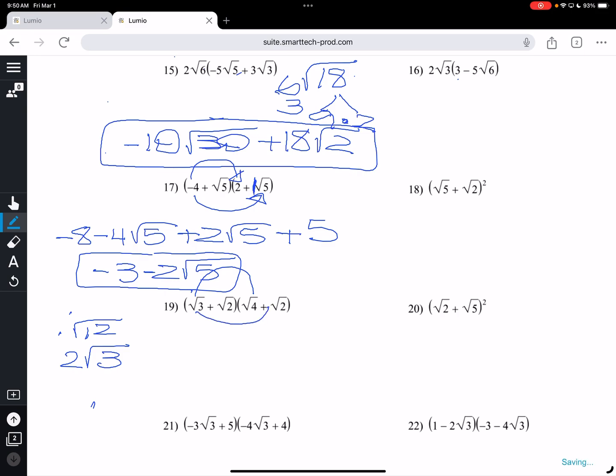Then your outer is just plus 1 radical 6. Your inner is radical 8, which is 4 times 2, so that's 2 radical 2. And then radical 2 times radical 2 is radical 4, which is 2. And none of those are like terms. That's it.